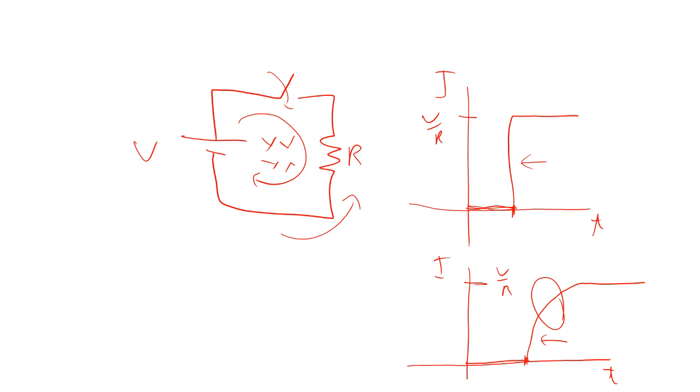But it's not going to be exactly a step function, because there is going to be a little bit of self-inductance. How much depends on the circuit design and its geometry. Obviously, if you loop things many times, you create more inductance, and that takes a longer response time to reach the steady state.